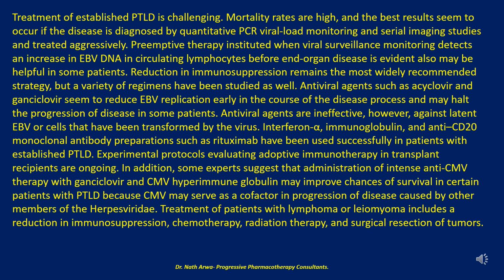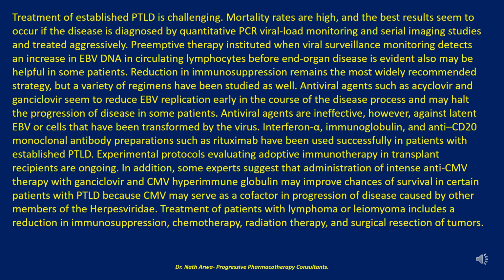Antiviral agents such as acyclovir and ganciclovir seem to reduce EBV replication early in the course of the disease process and may halt the progression of disease in some patients. Antiviral agents are ineffective, however, against latent EBV or cells that have been transformed by the virus.